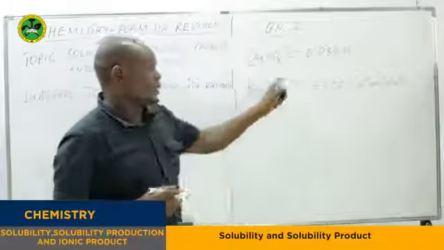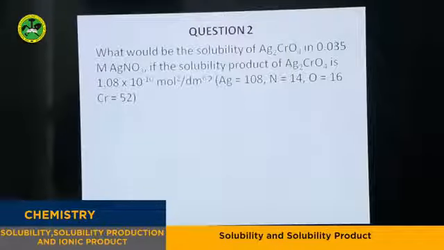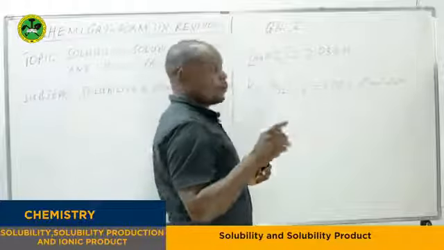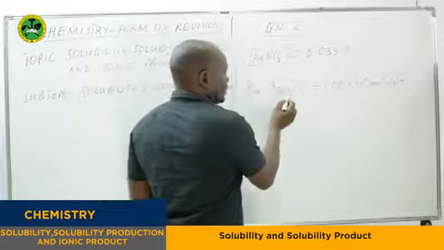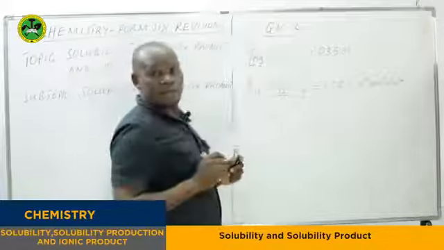So that is the data we have, but you also have the relative atomic mass of these elements. Now, we are asked what would be the solubility. We are calculating the solubility of silver chromate in what? In silver nitrate.